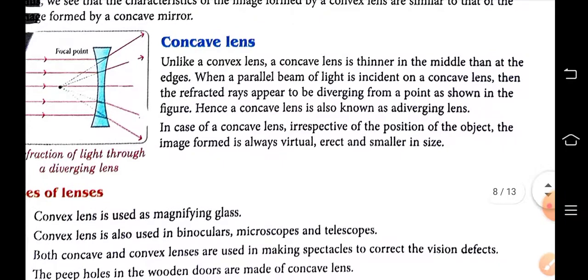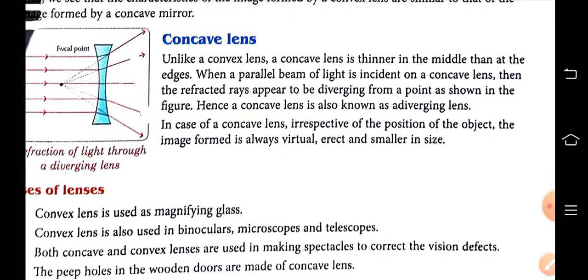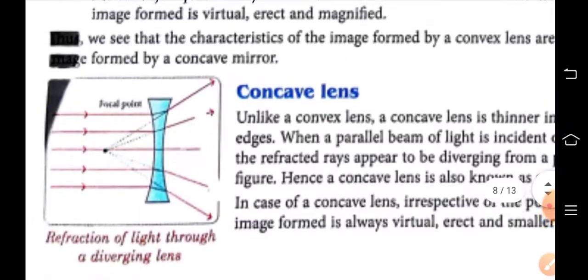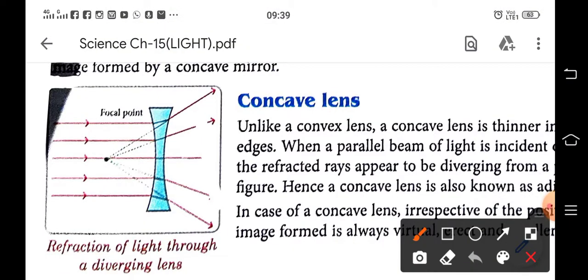Then concave lens, unlike a convex lens, is thinner in the middle. Look here, thinner in the middle. It is thinner in the middle and thicker at the edges. Both edges are thicker and it is thinner in the middle, just opposite to the convex lens.